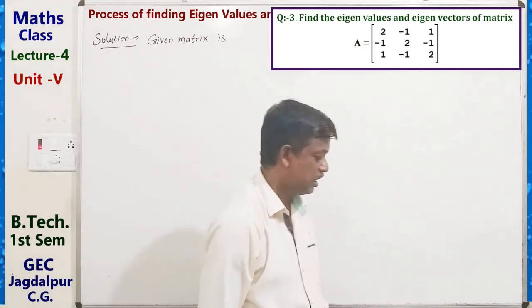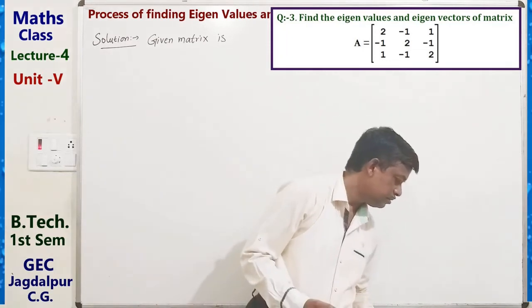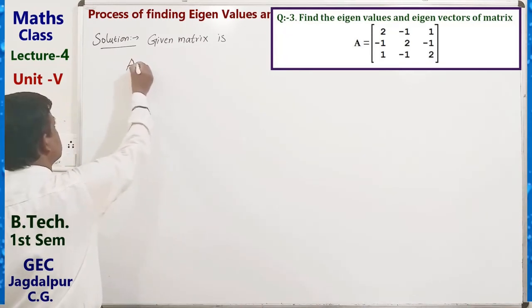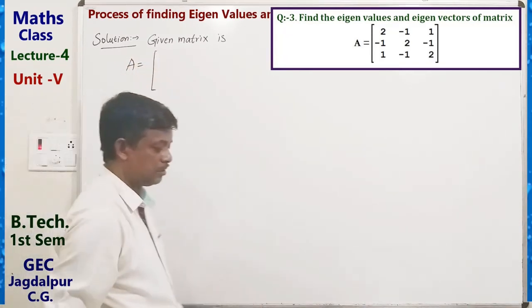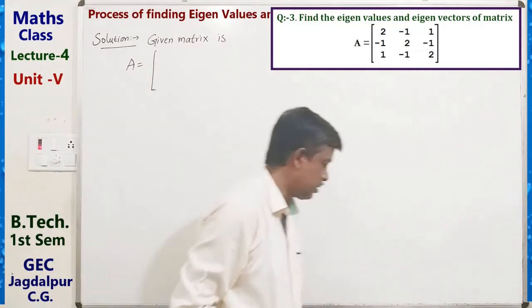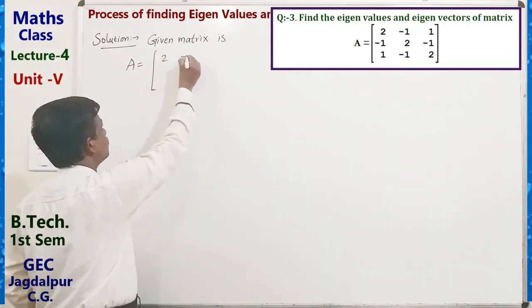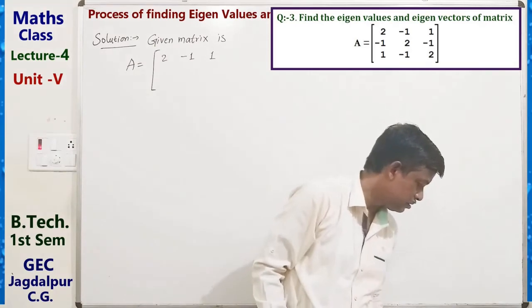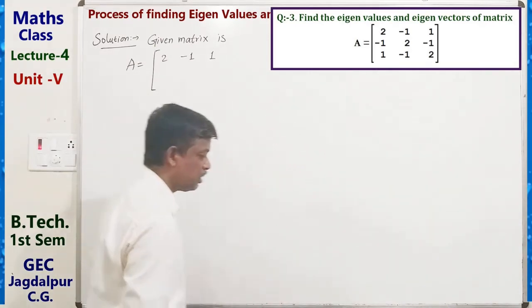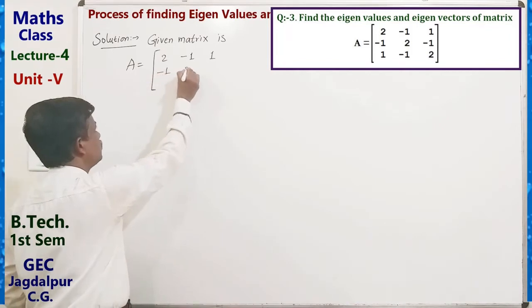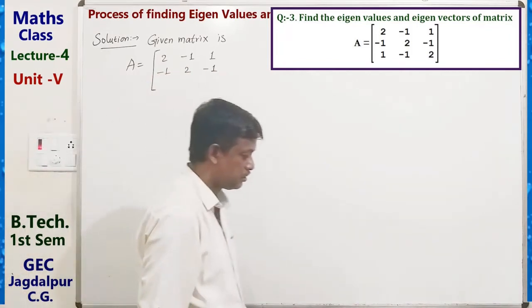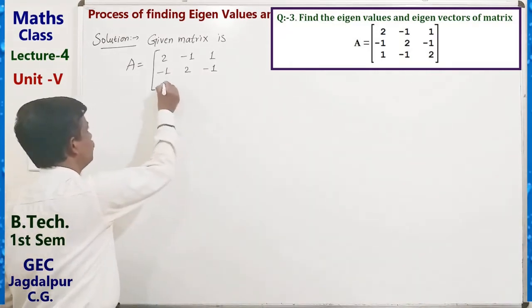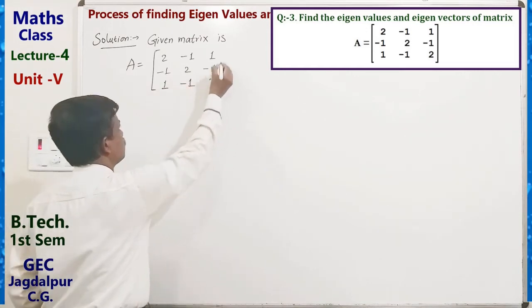Find all eigenvalues and eigenvectors of the given matrix A equals: 2, minus 1, 1; minus 1, 2, minus 1; 1, minus 1, 2.